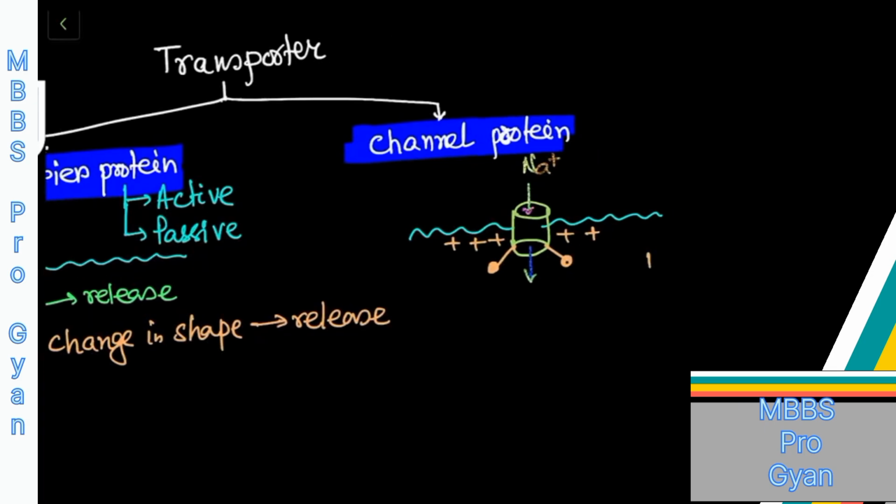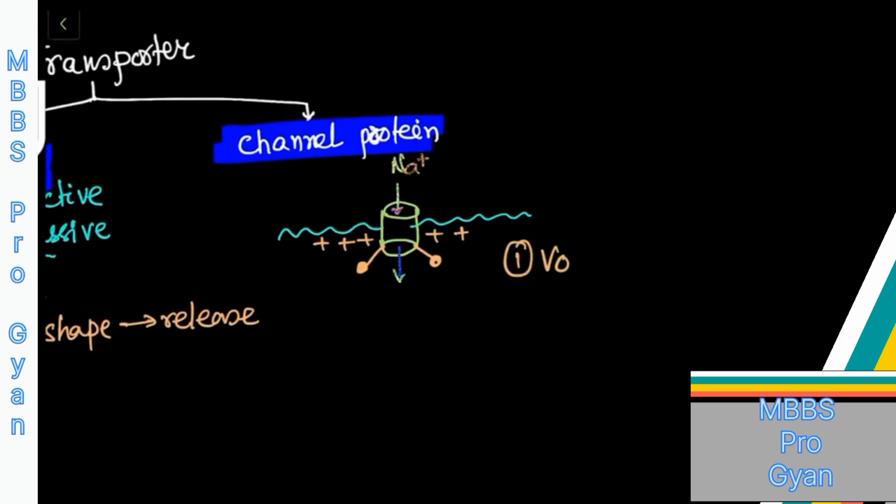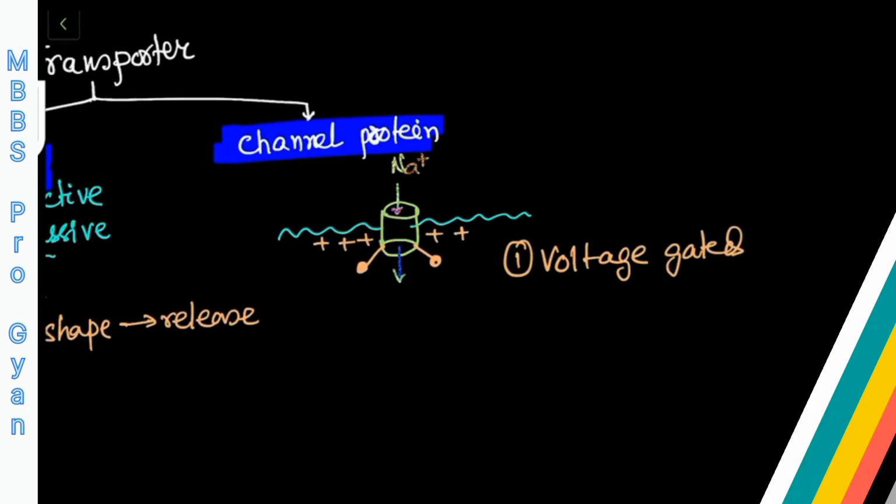That kind of channel is known as a voltage gated channel. So the gate is opening in presence of depolarizing voltage. Or suppose some hormone or neurotransmitter is attached on this channel and then the gate is opening. This is a ligand, so this is known as a ligand gated channel.